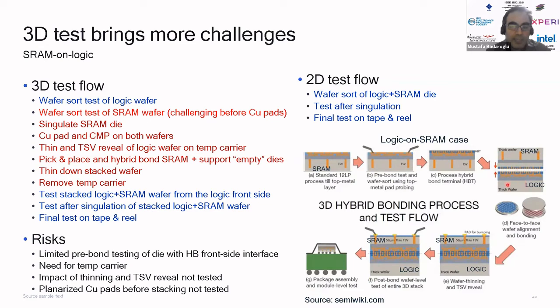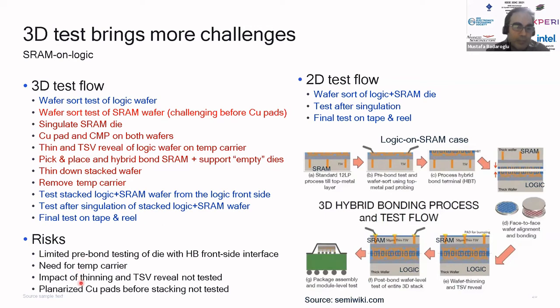So basically there is the complete assembly process and the SRAM yield has to be perfect to be able to take cost advantage of omitting the pre-bond test for the SRAM. This is one of the challenges for hybrid bonding test.